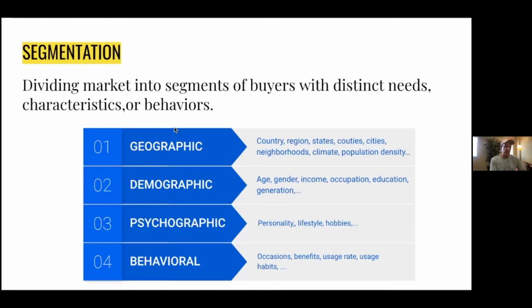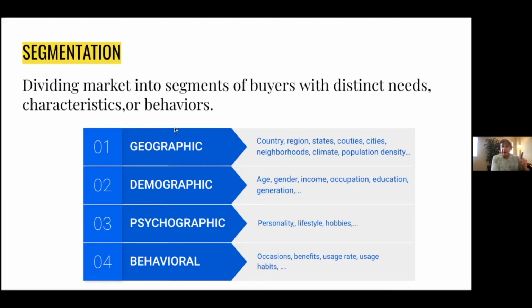For example, around the time that the Super Bowl is, fast food pizza advertising goes way up. That's not a coincidence. That's a behavioral target market, okay? So consider things like occasions.